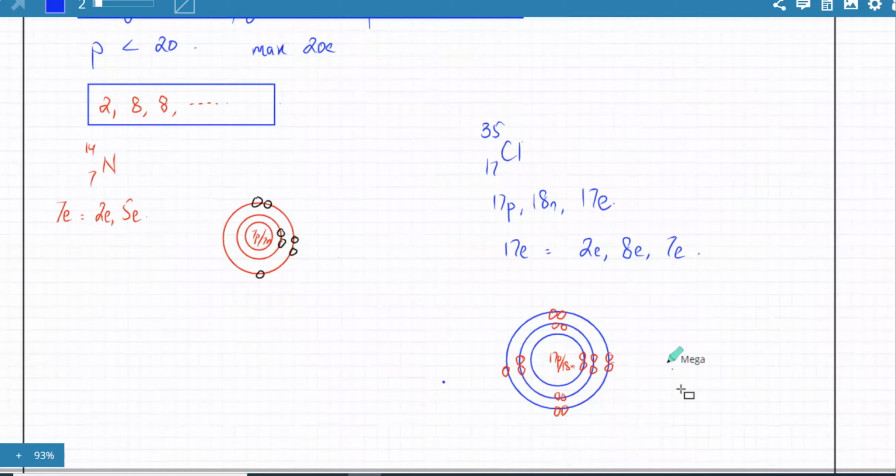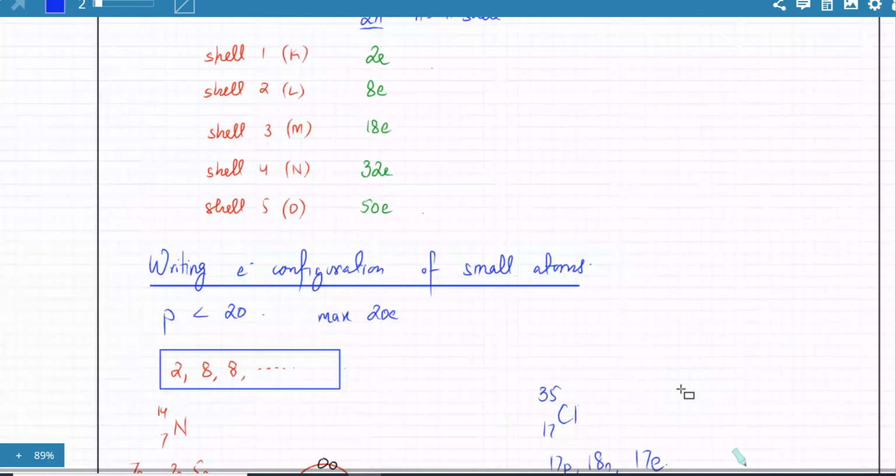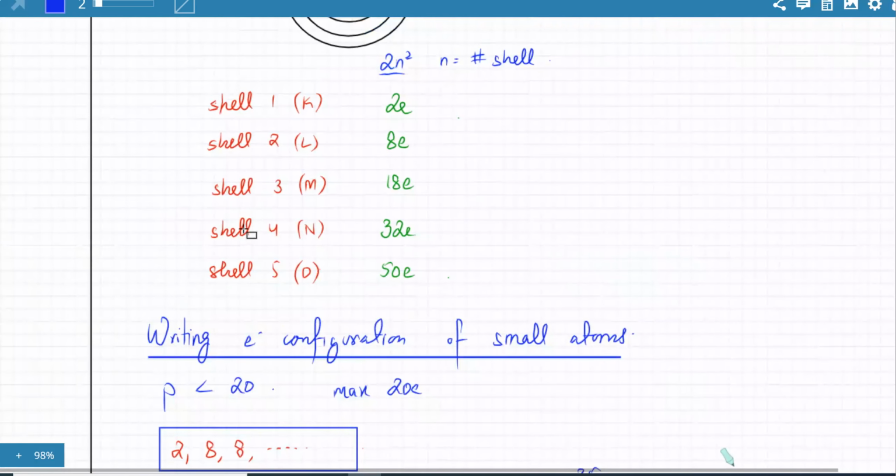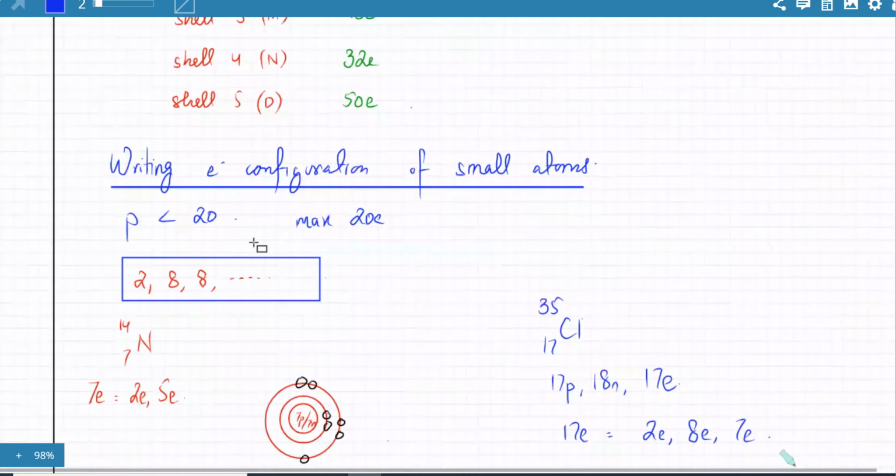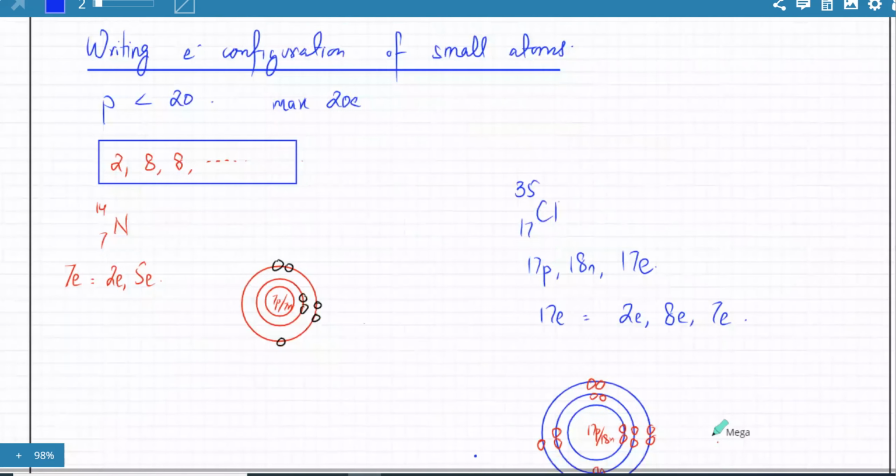For bigger atoms, shell number 3 and shell number 4 and shell number 5 would be occupied, but right now you're not worrying about bigger atoms. You're only worrying about smaller atoms, and smaller atoms are more abundant, and their chemistry is the one that we are interested in. Bigger atoms are rare, and you don't really find them that much. But we're going to learn about writing electronic configuration of bigger atoms as well.